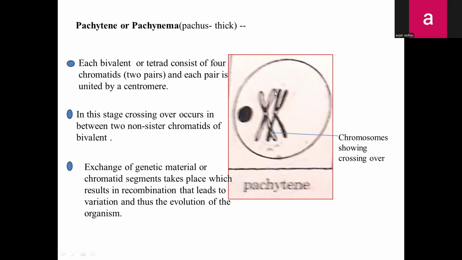These two are called non-sister chromatids of homologous chromosomes. And crossing over occurs between the non-sister chromatids of homologous chromosomes. And due to this exchange of genetic material, or we can say chromatid segments, recombination takes place, that leads to variation and thus evolution of the organism.